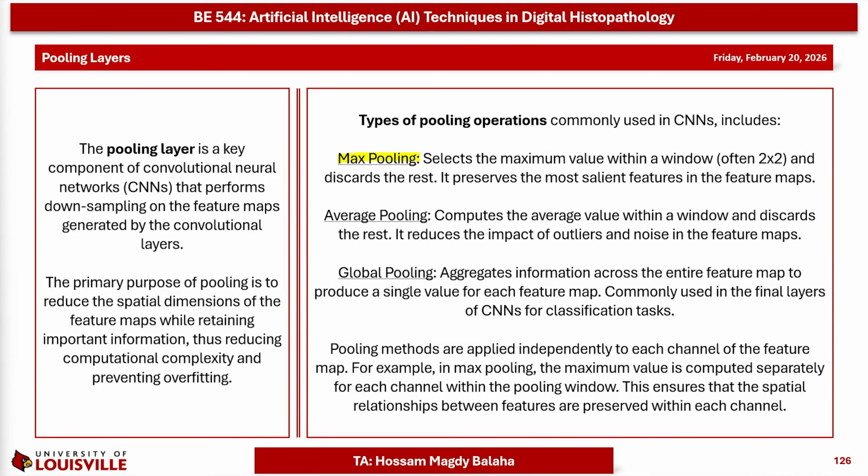Max pooling, where we select the maximum value within a specific window, let's say a 2 by 2 window. So we will pick the maximum number of that window. Average pooling, where we compute the average value. Global pooling, where we aggregate the information across the entire feature map to produce a single value for each feature map, and is commonly used in the final layers of CNNs during the classification process.